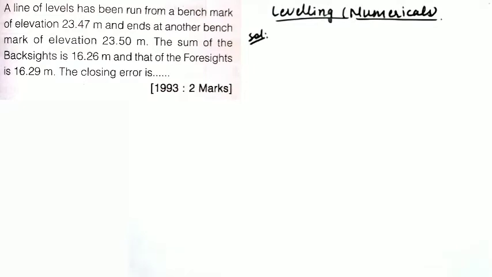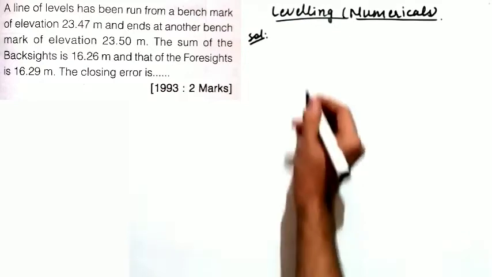And it ends at another benchmark of elevation, and when you finished your leveling, the RL of the last station was 23.50. Now the sum of backsights is given as 16.26 meters and the foresights as 16.29 meters.